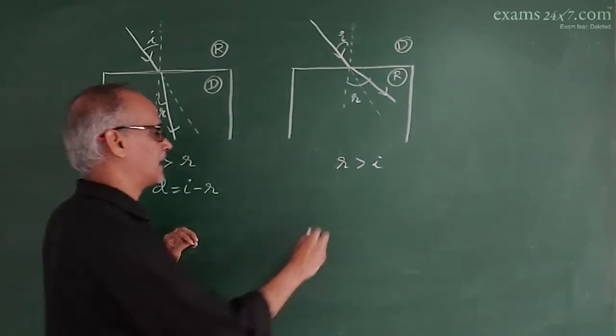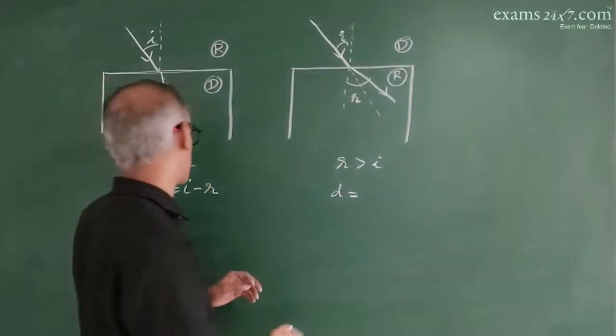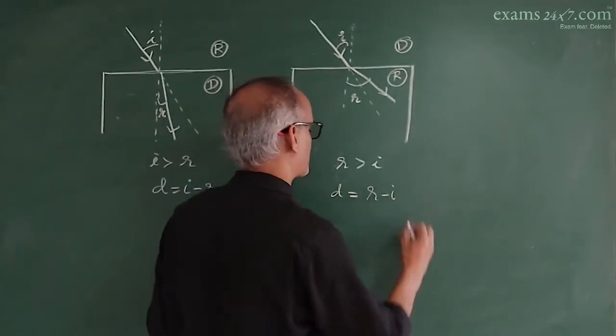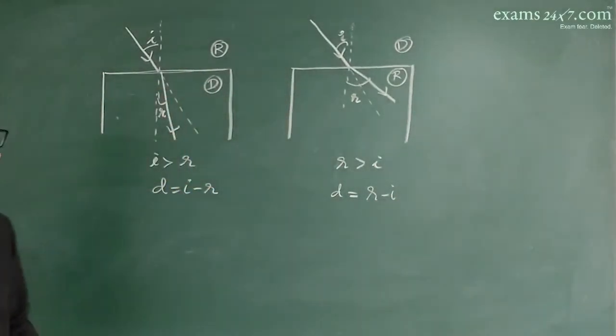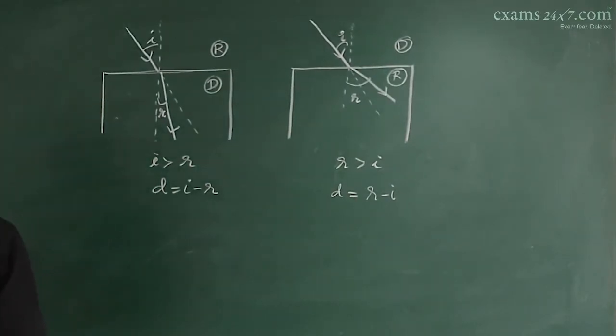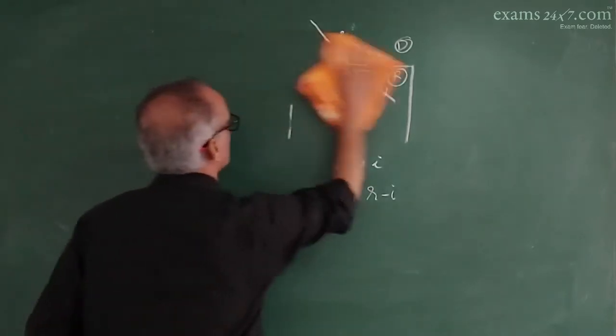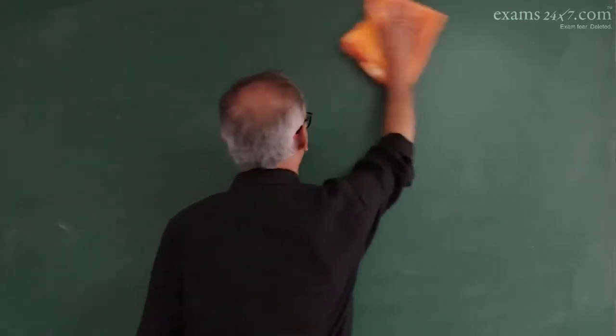So the angle of deviation, the angle through which the ray bends due to the refraction, is given by R minus I. So these are the two important points, basics of refraction, and they are very important to understand this entire chapter.